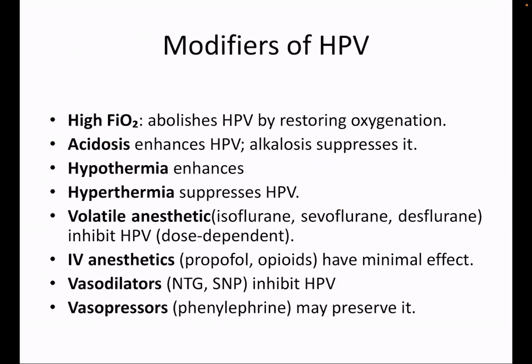So now, what are the modifiers? This we all know. Mostly, I'll just be going through. High FiO2 abolishes HPV by restoring oxygenation, and acidosis enhances HPV, alkalosis suppresses it, hypothermia enhances, hyperthermia suppresses HPV. Volatile anesthetics mostly inhibit HPV in a dose dependent manner.